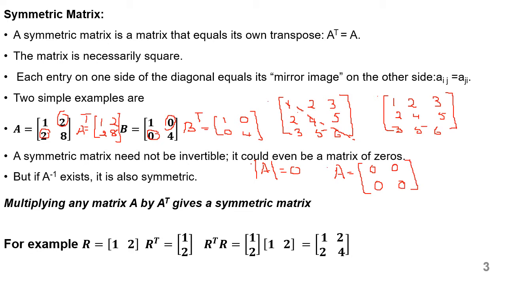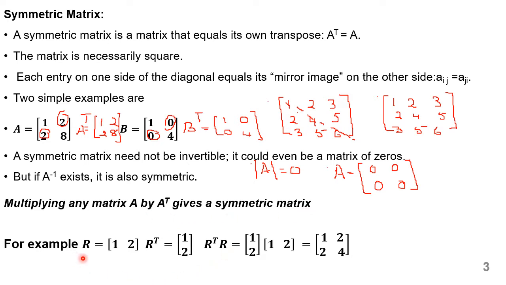The next characteristic is that if A inverse exists, then it is also going to be symmetric in nature. We should note that a given matrix A need not be a symmetric matrix, but A transpose A always gives you a symmetric matrix.